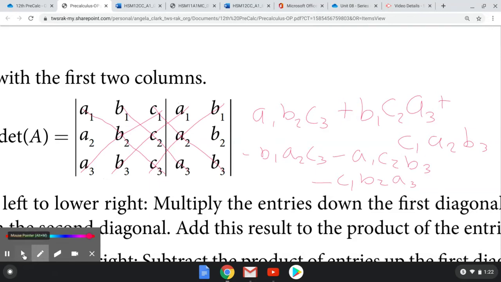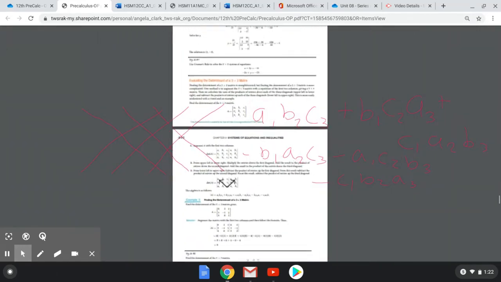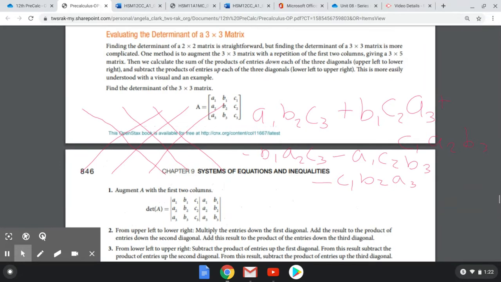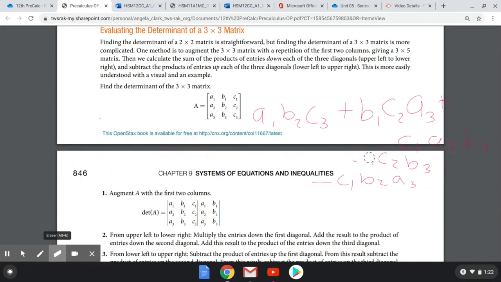Okay, so now that we've done that, now we can look at Cramer's rule. Now that we've figured out how to find the determinant of a 3x3 matrix, now we can look at Cramer's rule.